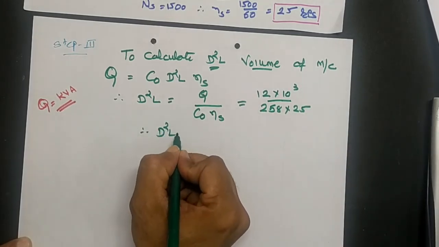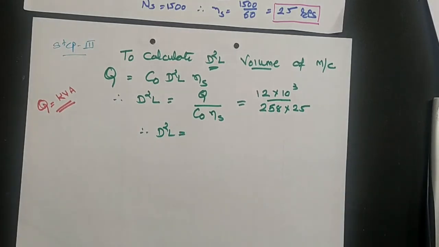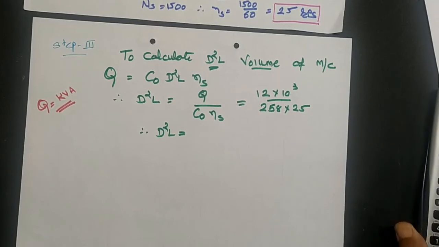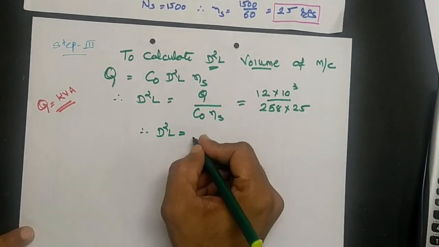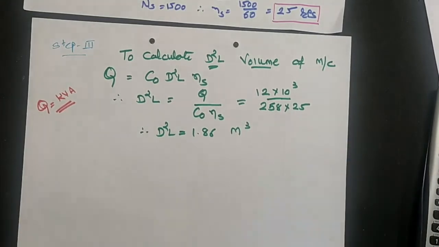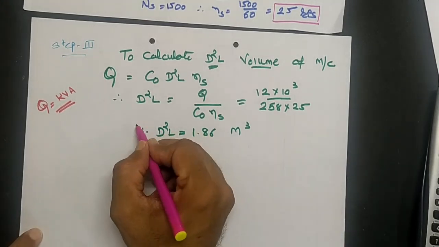Therefore d square L comes to 1.86, and that is meter cube. Volume should always be in meter cube. So step number 3 is complete.